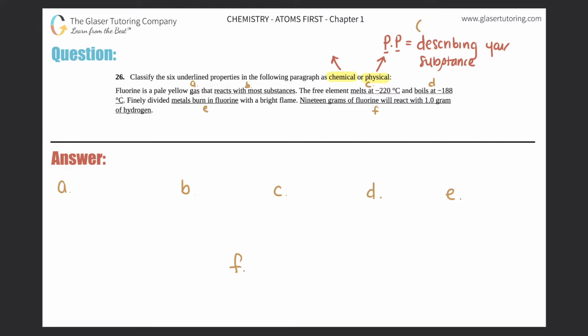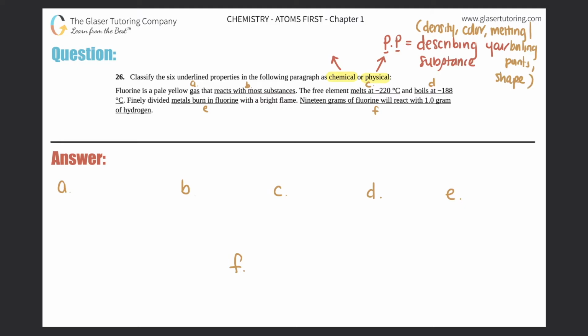So physical properties are what the density is of your substance, what it looks like, so color, melting and boiling points are physical properties. Shape, we'll say. These are all physical properties.